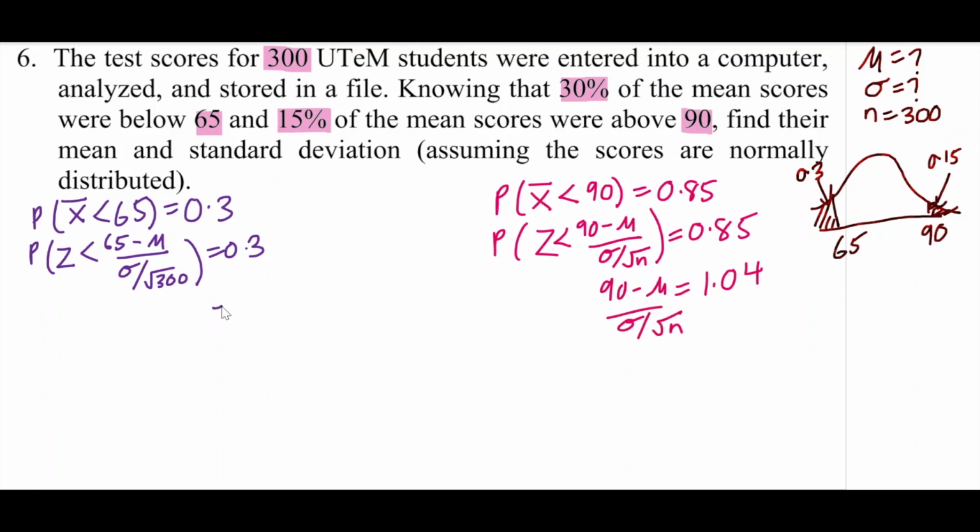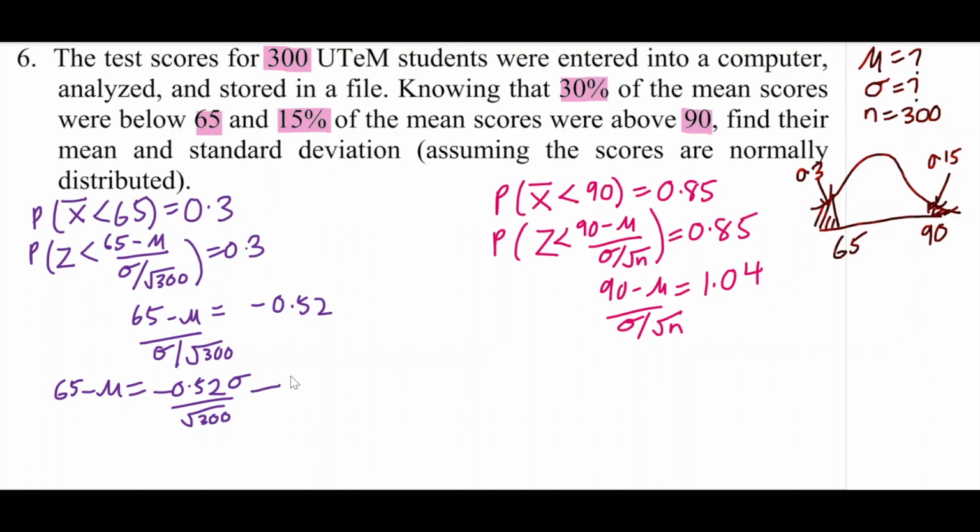And this one was negative 0.52, the Z value. I'm pretty sure by now everyone knows that to find the values of mean and standard deviation, we need to solve the simultaneous equations. So I'll try to make this equation simpler. I have here 65 minus mu equals to negative 0.52 times sigma over square root of 300.